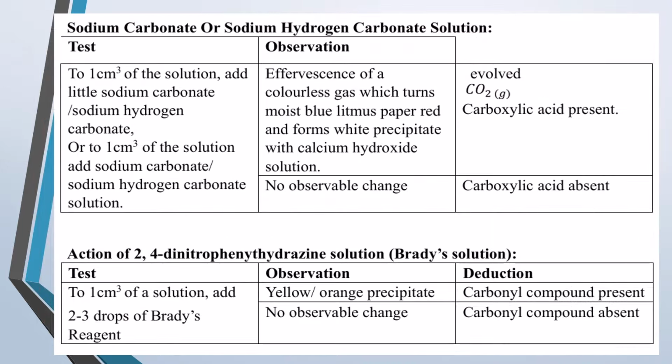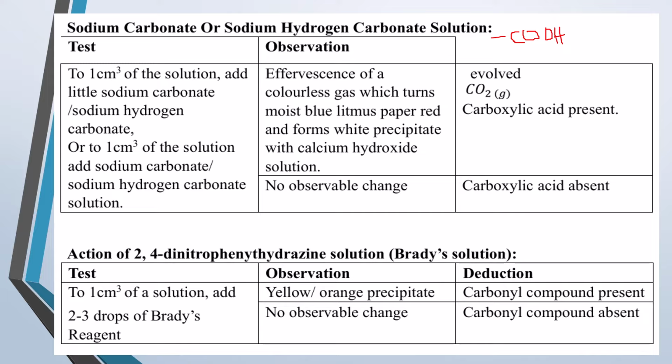Now for the next reagent, we are going to look at the purpose of sodium carbonate or sodium hydrogen carbonate solution. Both of these reagents are used to test for the presence of carboxylic acids, or the carboxyl group on any of the substances given in the laboratory.